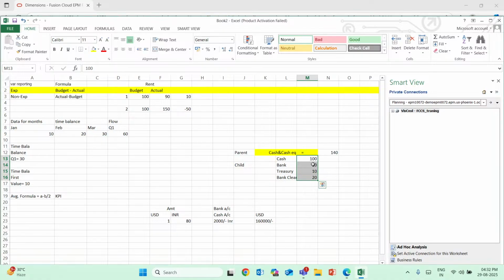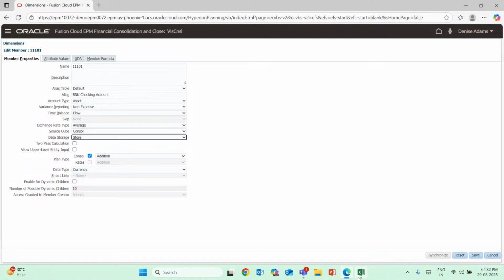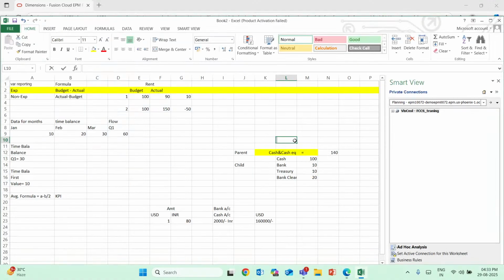The store property means the members hold data values, and that can be directly entered or can be loaded. This is store. I'm going to write it over here, store.